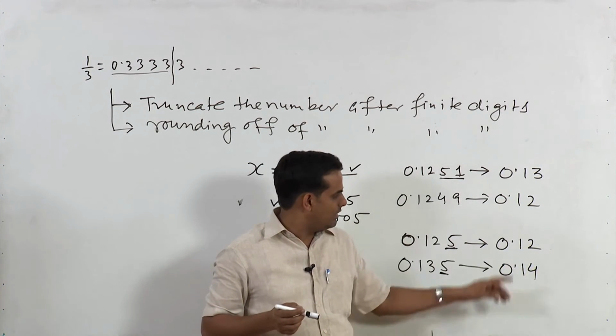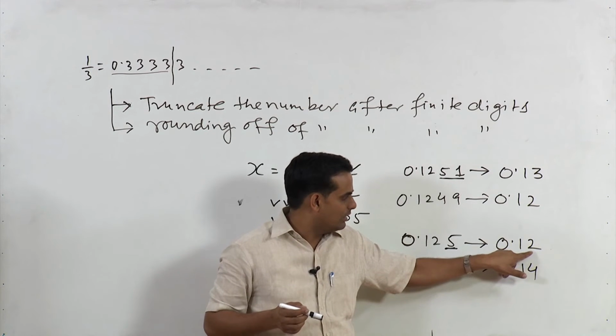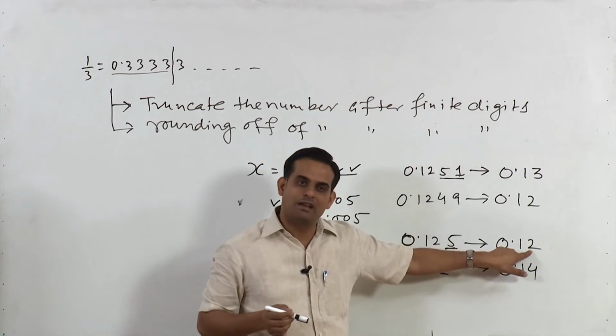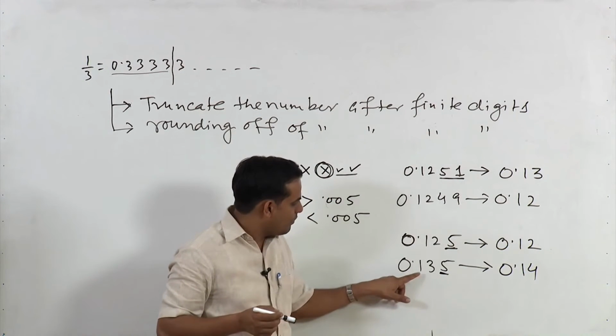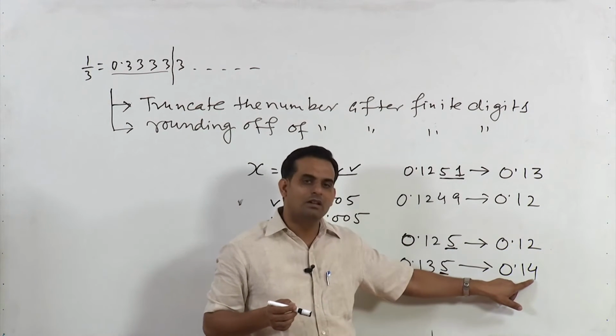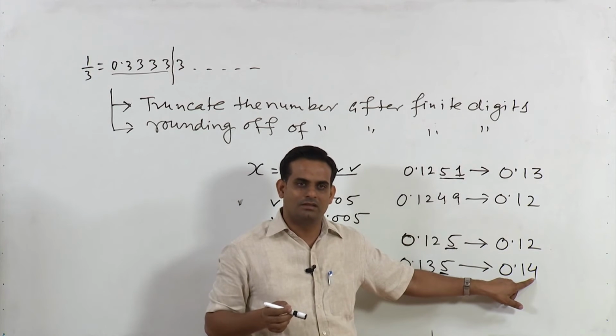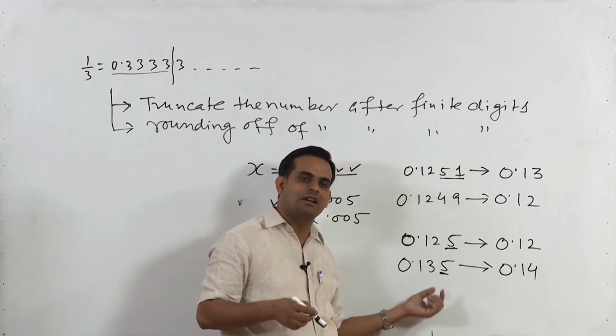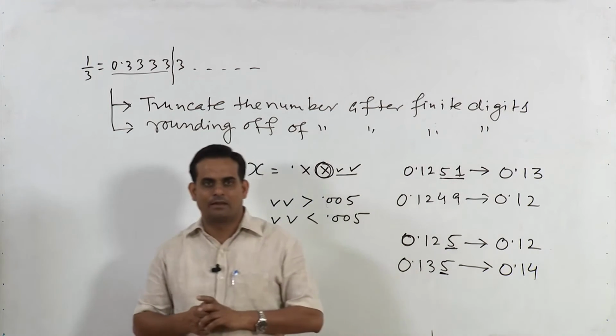For example, here 0.125, so 2 is even. Here 0.135, here 4 is even. So, I want to make this even, and for making this even, I want to increase it by 1.